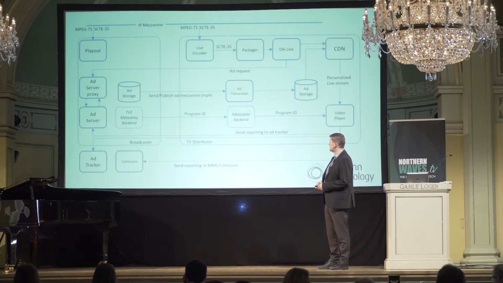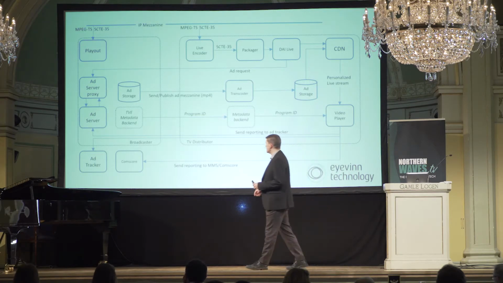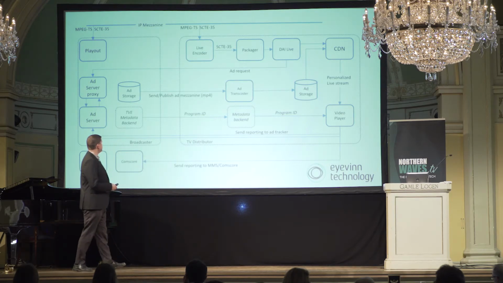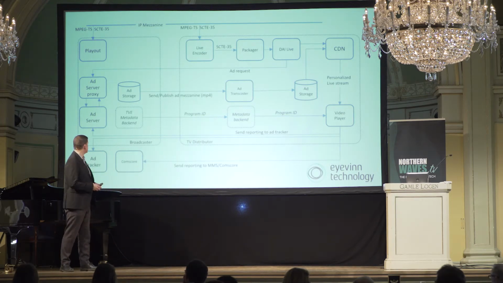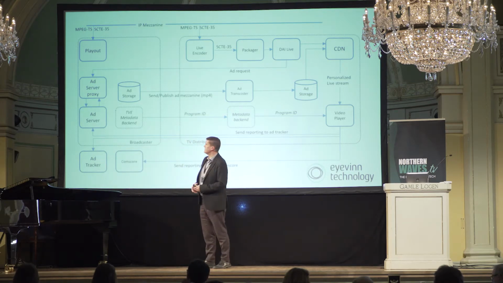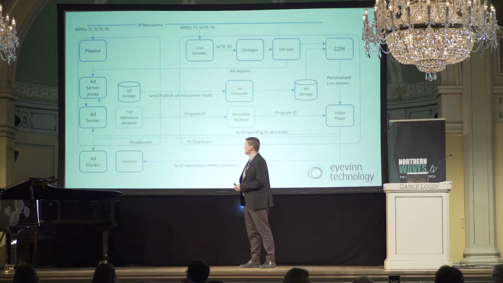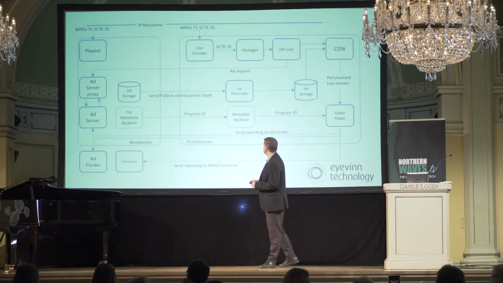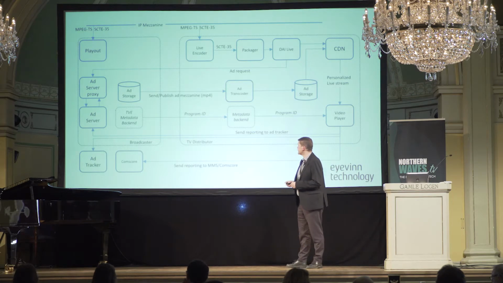This is the total architecture specified in the technical specification. I won't go through it, but as you can see, we have an ad server proxy that shields the broadcaster's ad server and makes the interface from the operator a bit aligned.